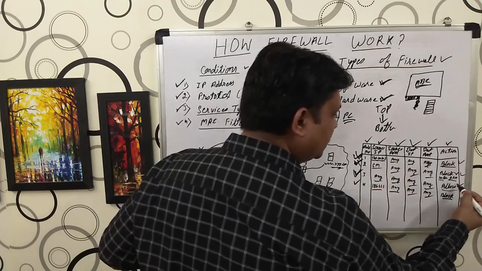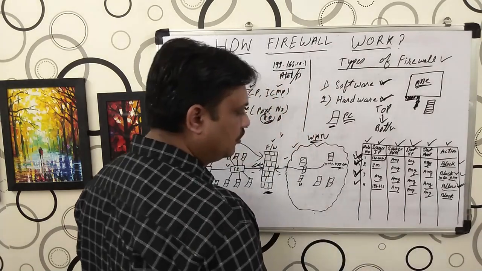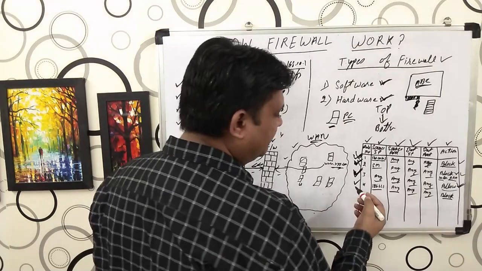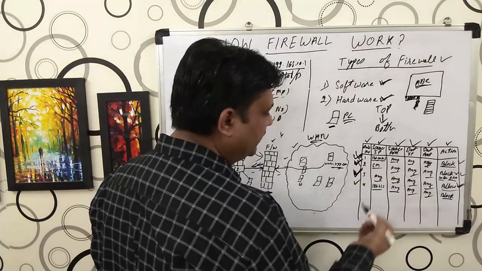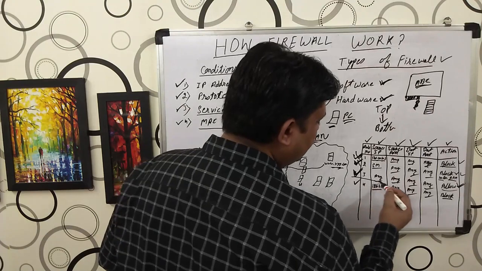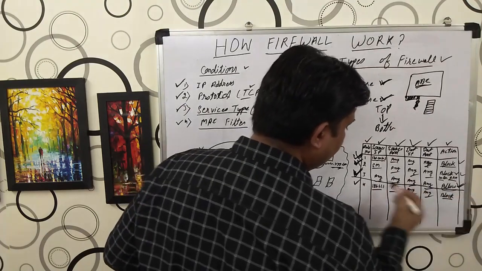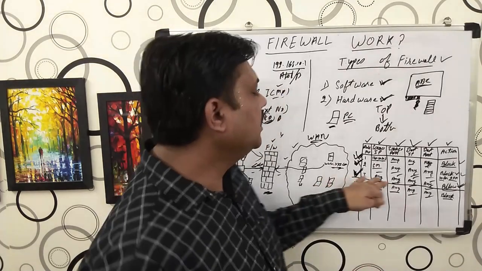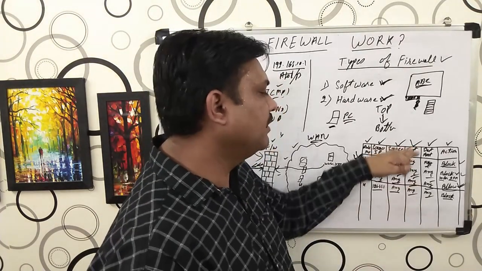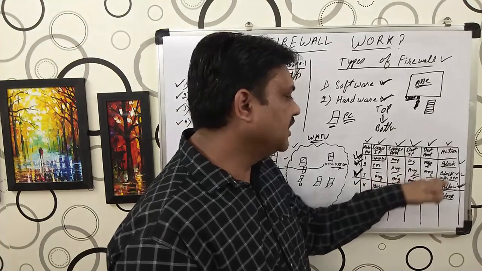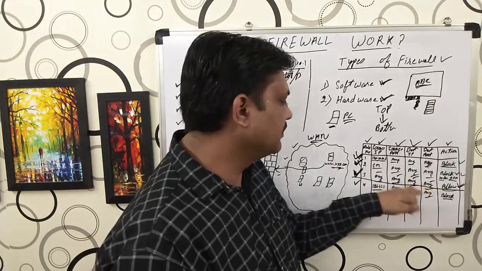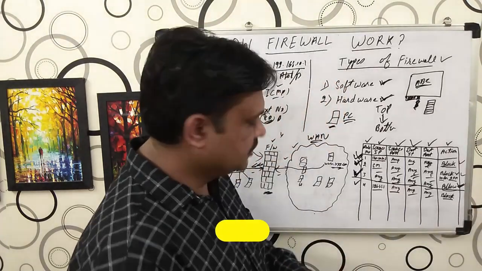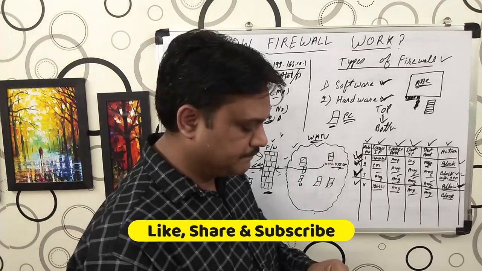Now because you have given the condition allow, which means permit, for any device and any of your traffic, they will definitely match here because you have given any. So any traffic apart from the above conditions will definitely match rule number 3.